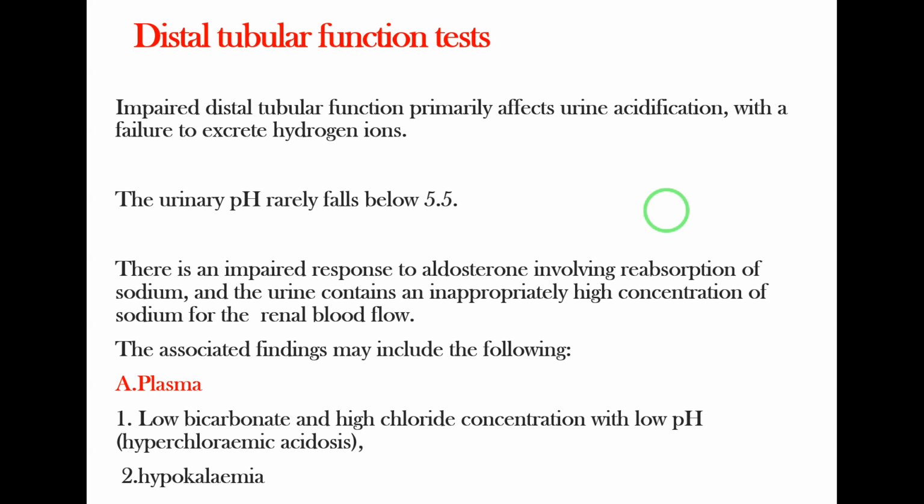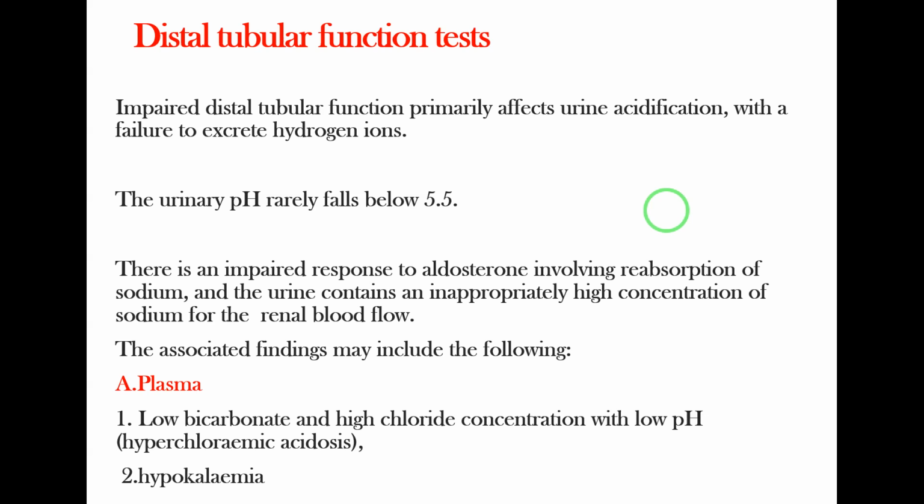In this condition, since there is a defect in urine acidification, when we test the urine pH, we find that it never falls below 5.5. Another defect is the failure to respond to aldosterone.